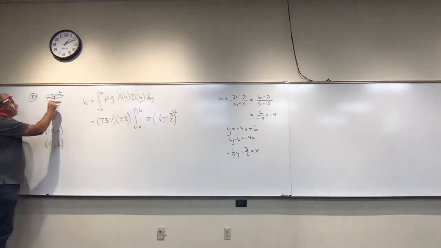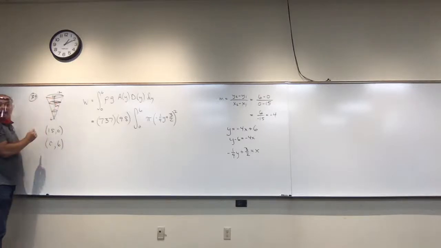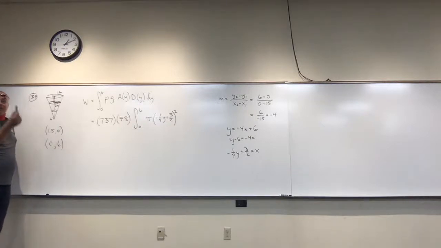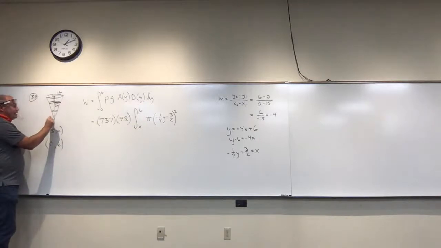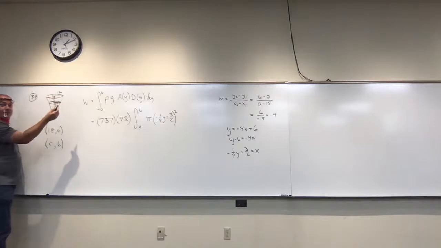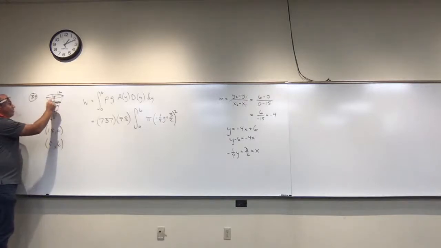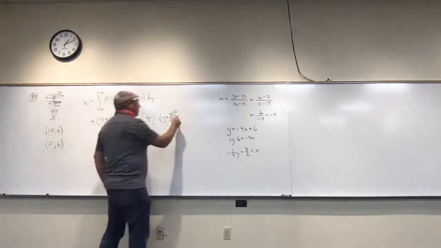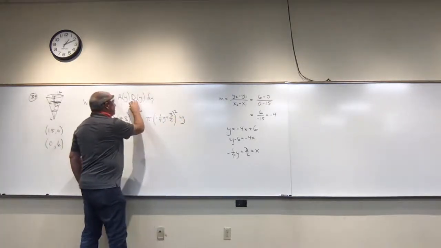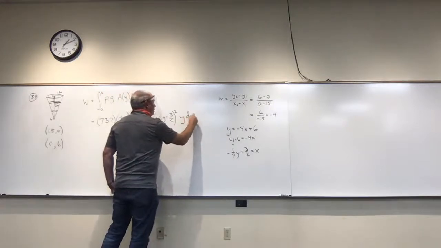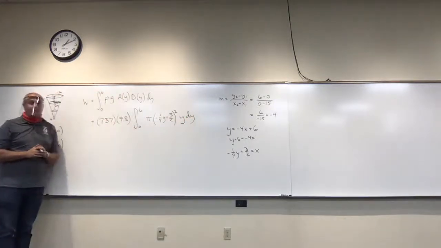Because if you're sitting right here on this disk, how far are you from the top? y. So that's how far I have to pump it out of the tank, right? And if I'm sitting way down here at 6, how far is it to pump the water up? 6, right? So if I'm at y, it's y away. So I just multiply this by y. That's the dy. And that will get the job done.